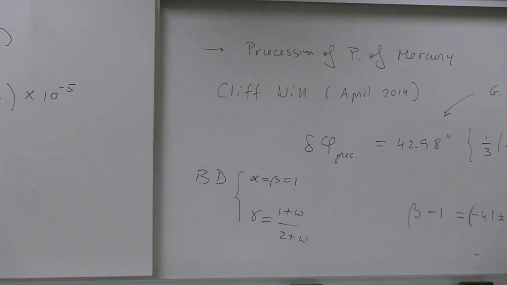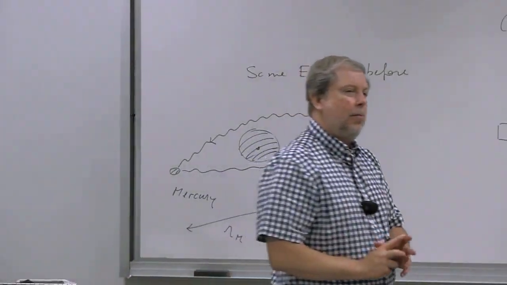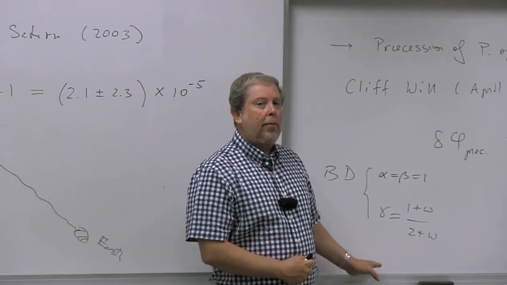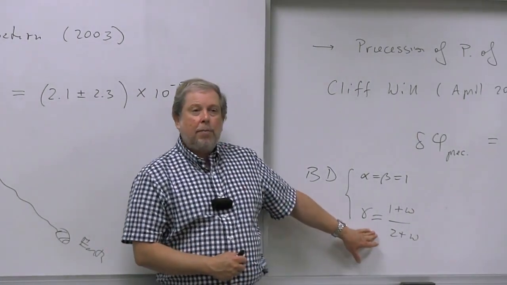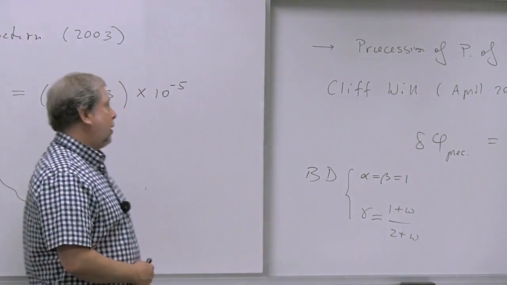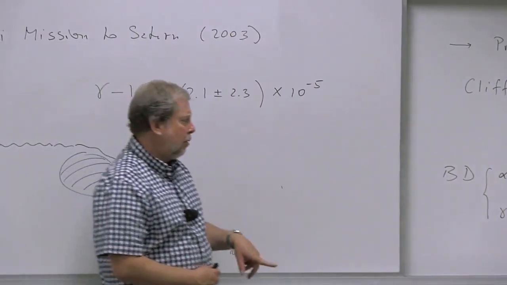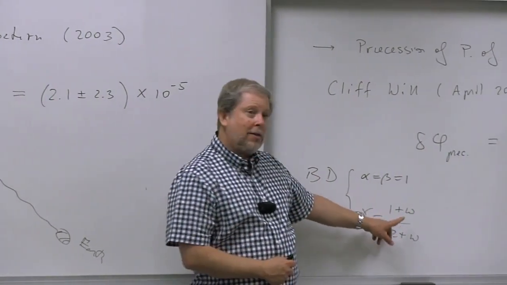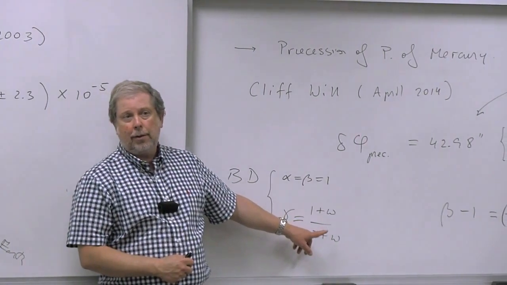So scalar tensor theories in their simplest implementation, like in the form of the Brans-Dicke theory, do have a problem, right? They do have a problem already on solar system scales because gamma, by now, is pretty strongly constrained. Gamma is very close to unity, and when omega is very large, gamma approaches 1 in Brans-Dicke theory, right?